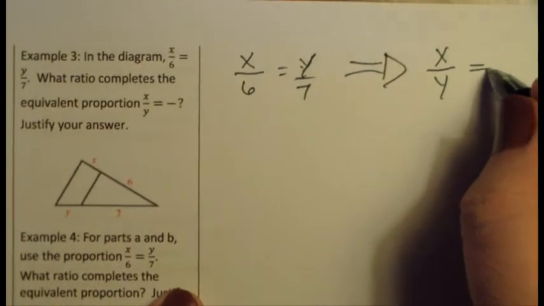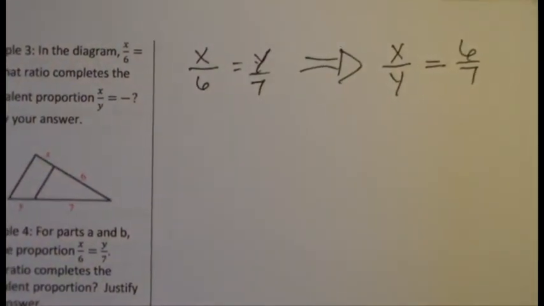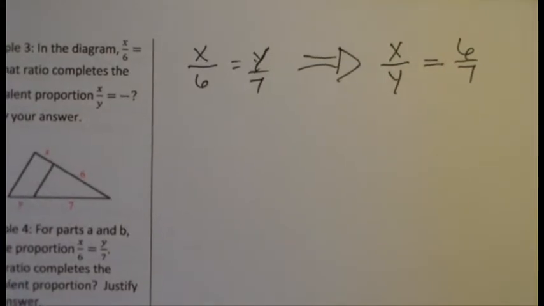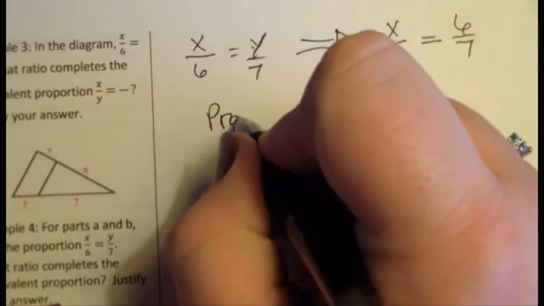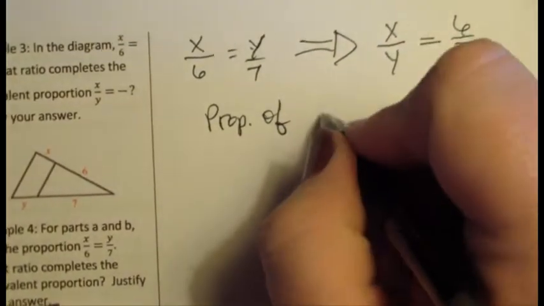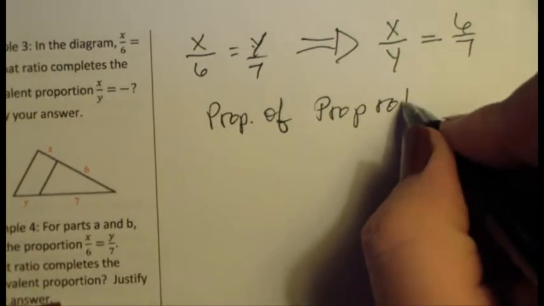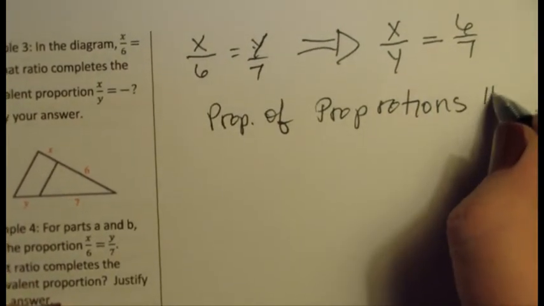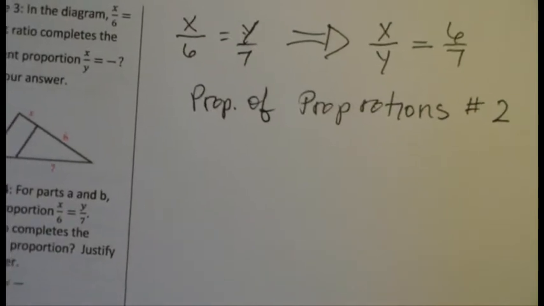So this is going to be equivalent to 6 over 7. And the property that says we can do that, the one where we switch our means, is property of proportions number 2. That's all you gotta do.